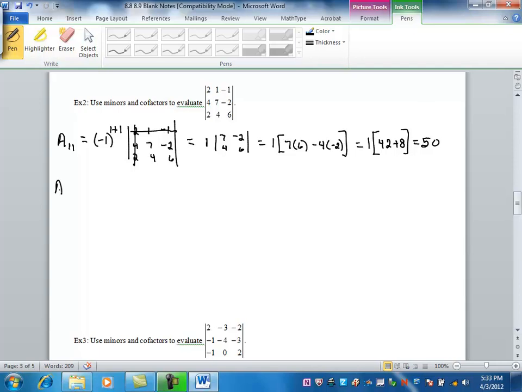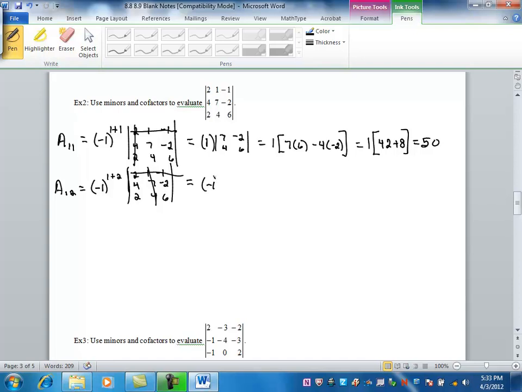Now let's look at the cofactor along row 1, column 2. We're going to need to take -1 raised to the 1 plus 2. And then here we have 2, 1, -1, 4, 7, -2, and 2, 4, 6. And we're going to cross out row 1, column 2 this time. So what we're looking at is -1 to the 1 plus 2.